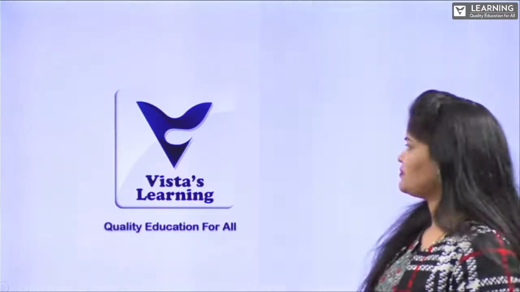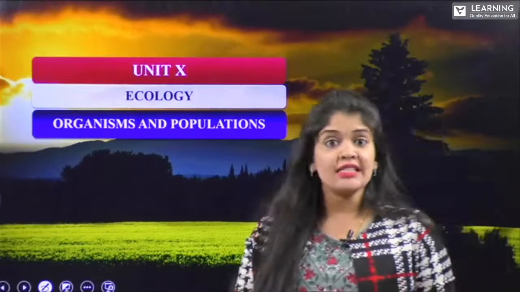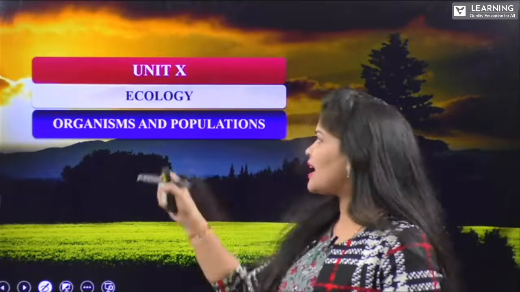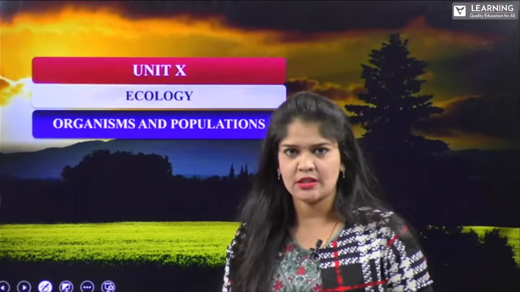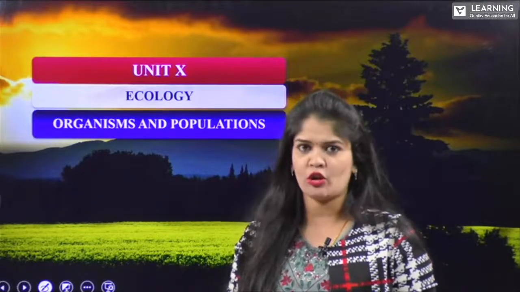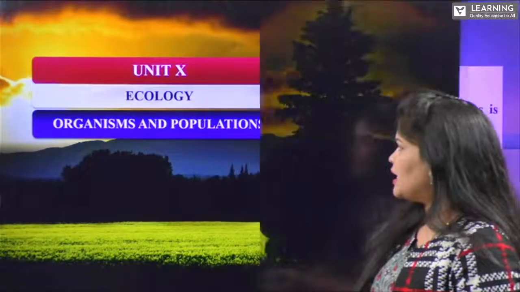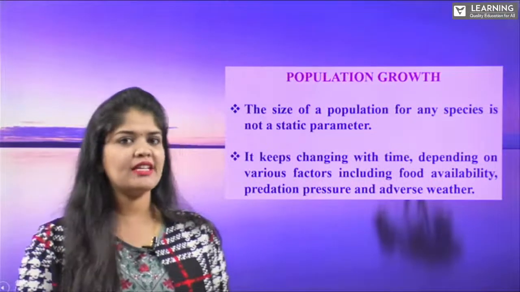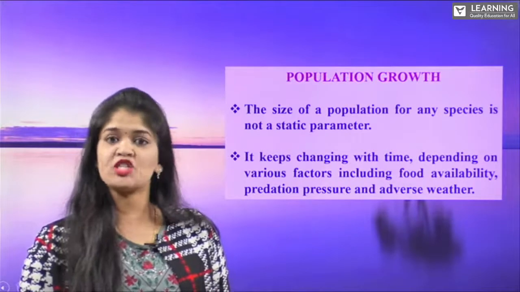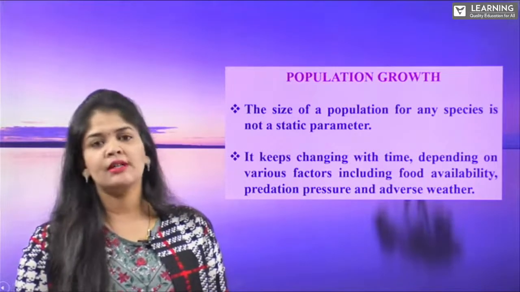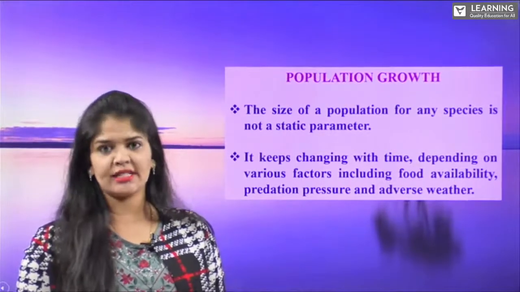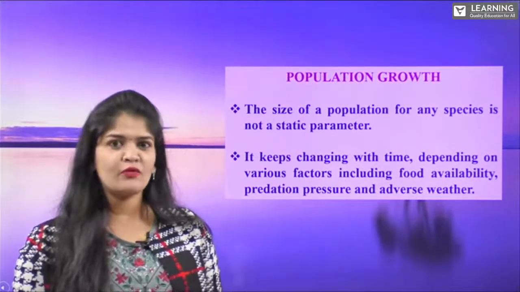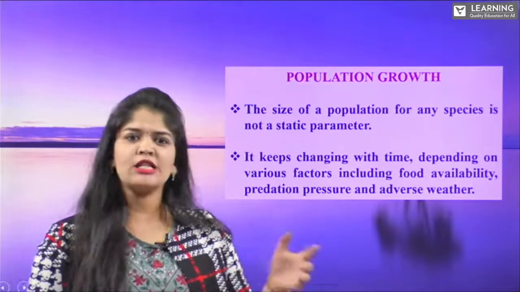Now, in continuation with the last session, where we have been discussing the chapter Organisms and Populations, which comes under the unit Ecology. In the previous session, we discussed various things under population attributes, which include birth rates, death rates, gender ratio, and age distribution, in which we also studied age pyramids.